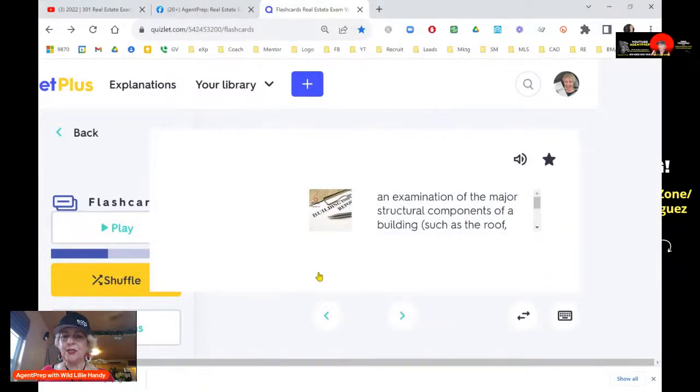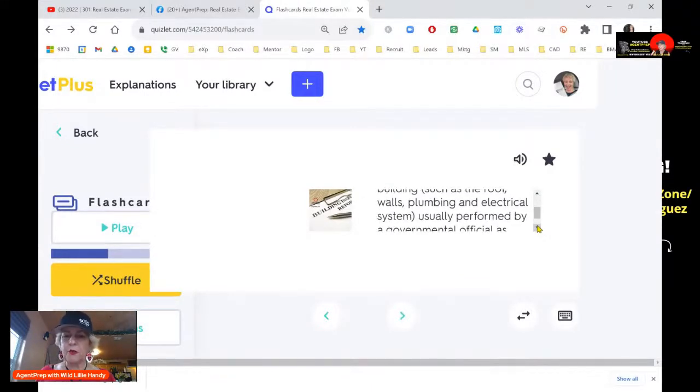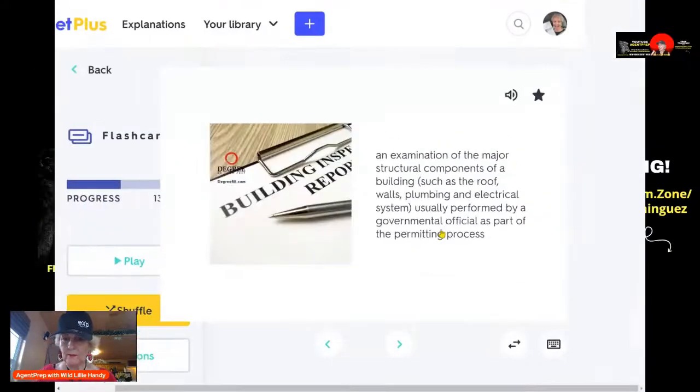An examination of the major structural components of a building, such as the roof, the walls, plumbing, and electrical system, usually performed by a governmental official as part of the permitting process. So the little picture on the left tells you a little bit.